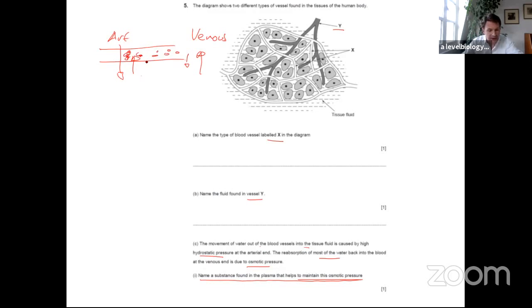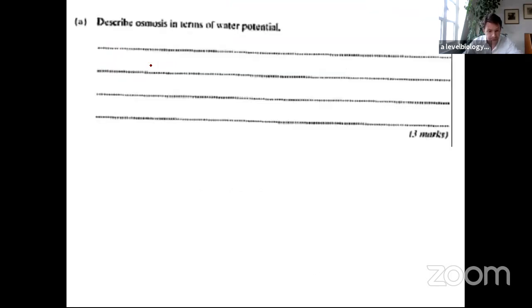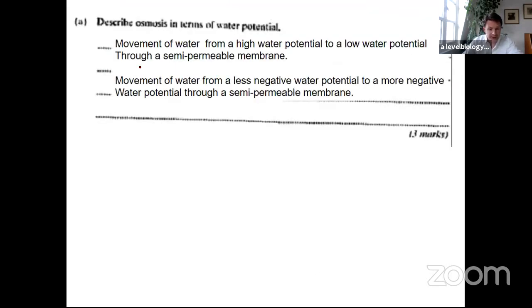And this is why you see oedemas in people with protein malnutrition, because they lack the oncotic pressure to reabsorb the water from the tissue fluid. Describe osmosis in terms of water potential. So movement of water from a high water potential to low water potential through a partially permeable membrane.